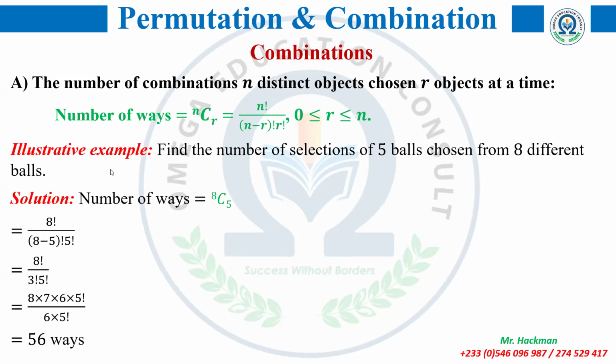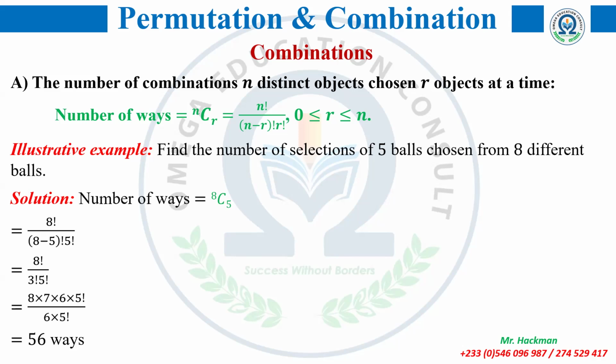So, illustrative example, please listen carefully. We know that for permutation questions, we have to see some keywords, like arranging. However, if you don't see these keywords, then go further and see the situation, whether we are talking about arrangement or selection. With combination, usually the keyword will be selection.